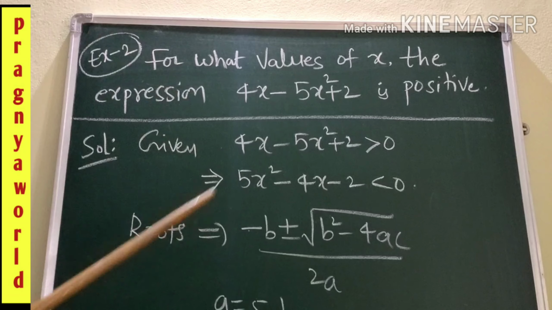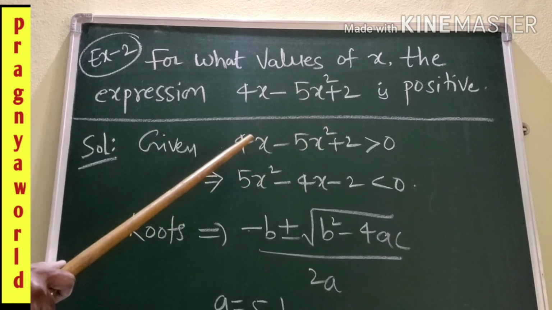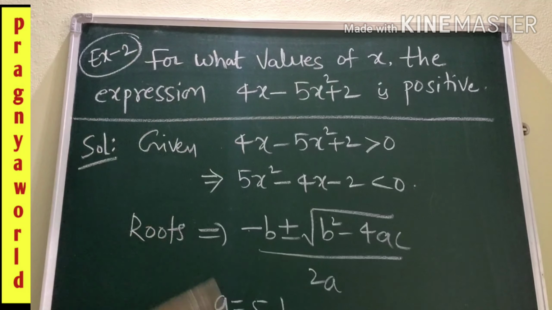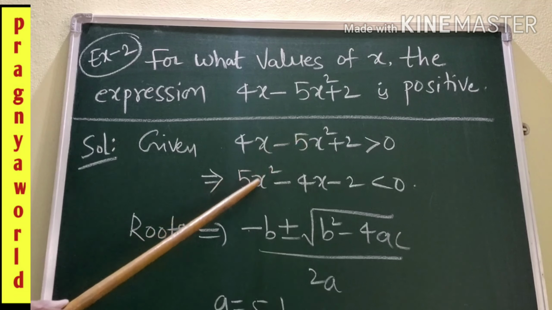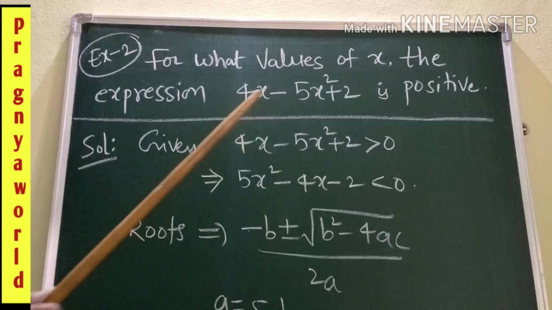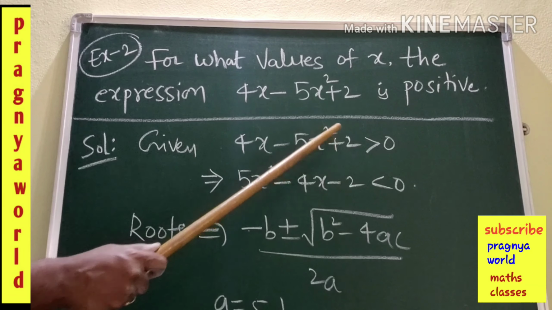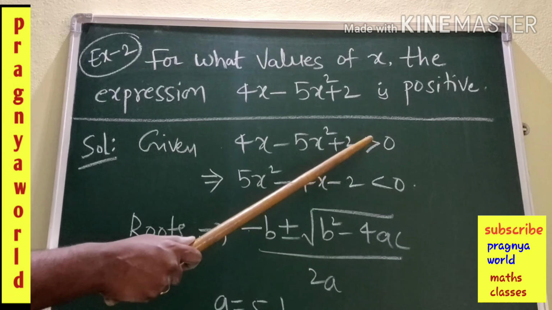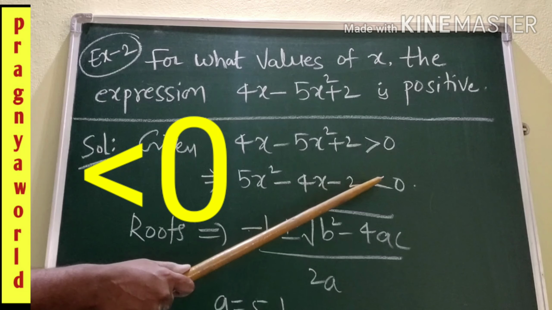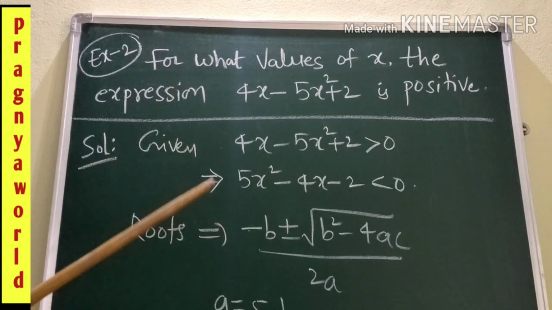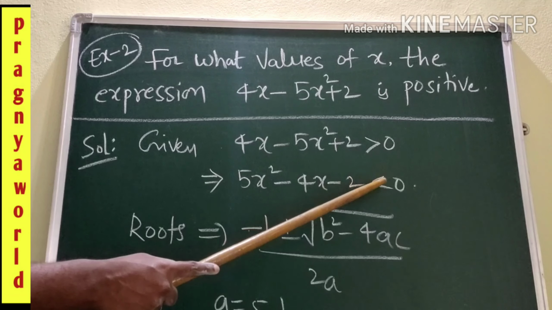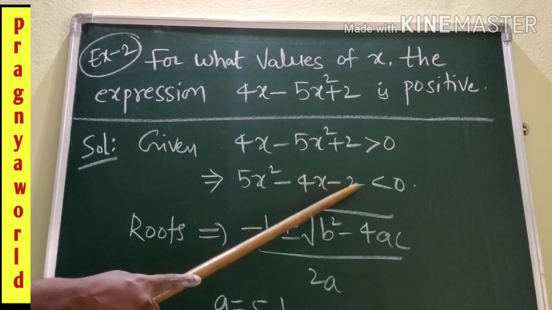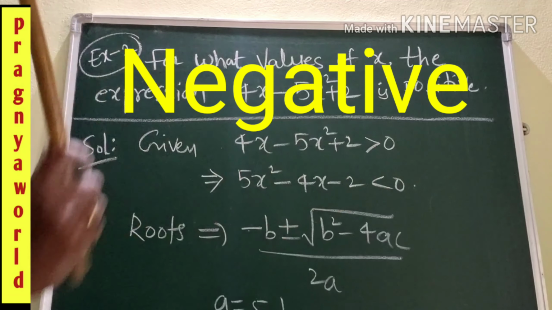That implies, if you multiply both sides by negative, we get 5x square minus 4x minus 2, and the greater than symbol changes into less than 0. So we get 5x square minus 4x minus 2 less than 0. That means the quadratic expression is negative.